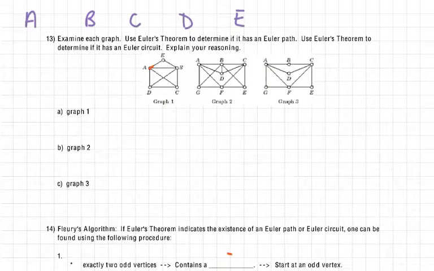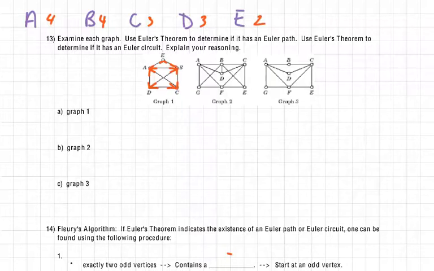A has degree 4, B has degree 4, C has degree 3, D has degree 3, and E has degree 2.